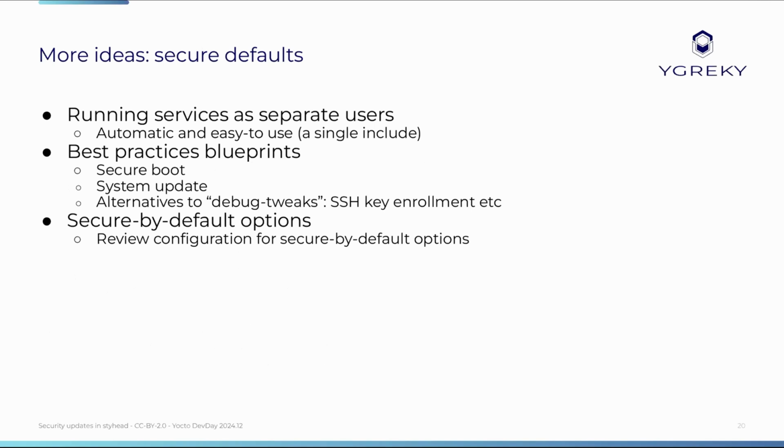And having best practices blueprints will help people in projects like using secure boot, having system update, or having alternatives to debug-tweaks in a ready-to-use way, so that you get the blueprint, you integrate it, and it is a reasonable way to use it, and you do not have to hack for a week all around the place.